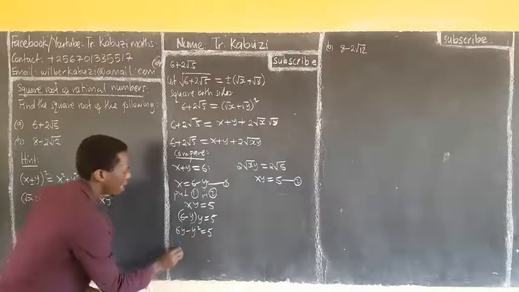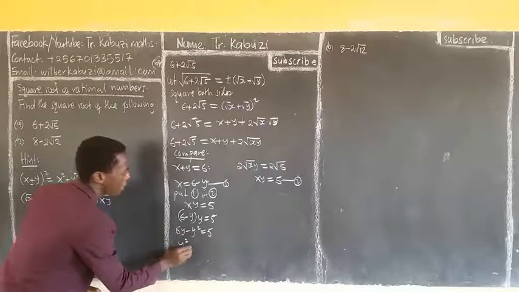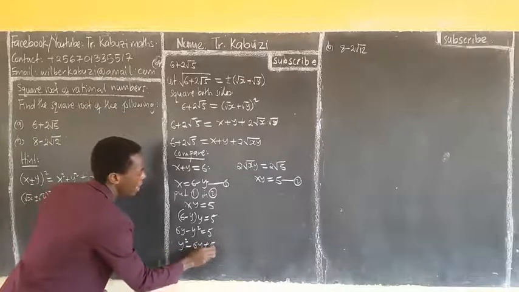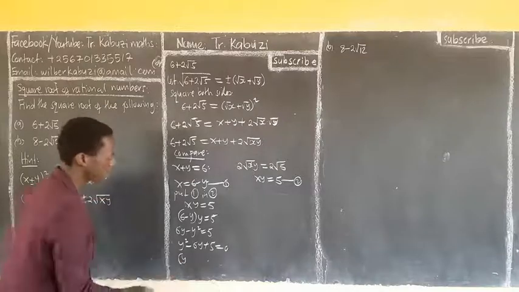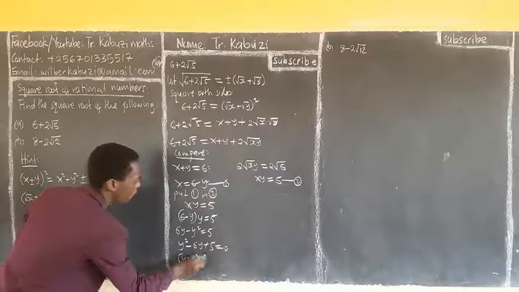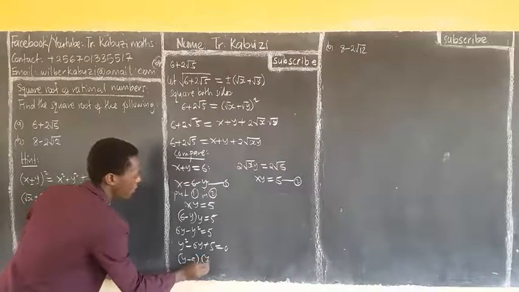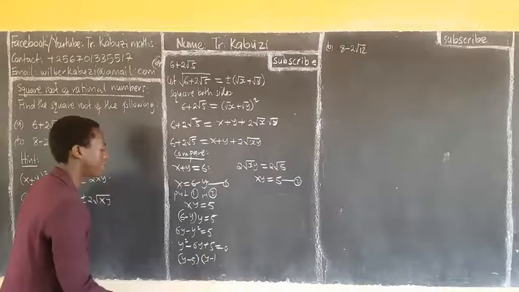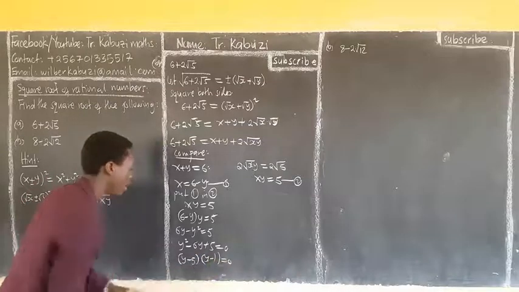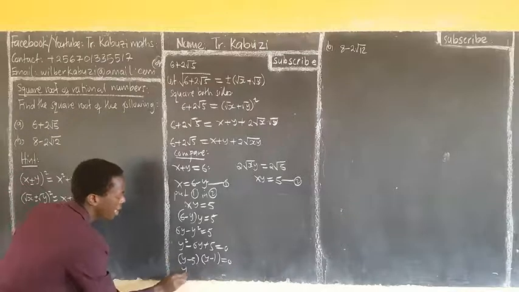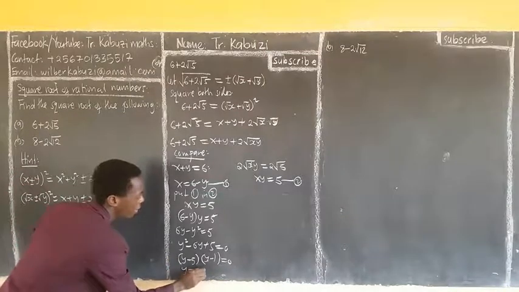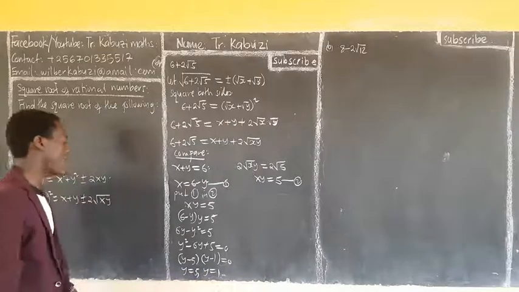Take everything the other side. We have y squared minus 6y plus 5 equaling 0. We can solve this as y minus 5, then y minus 1 equaling 0. So that either your y is 5 or your y is 1.